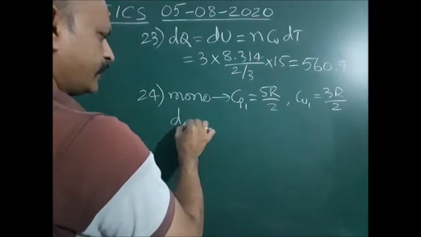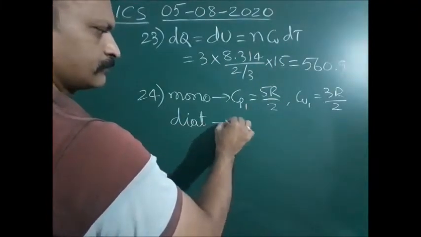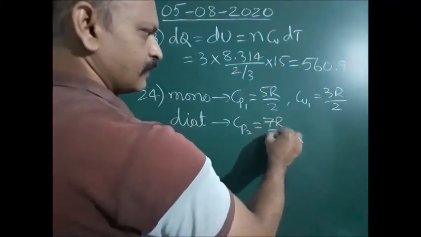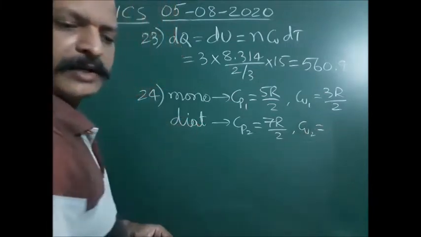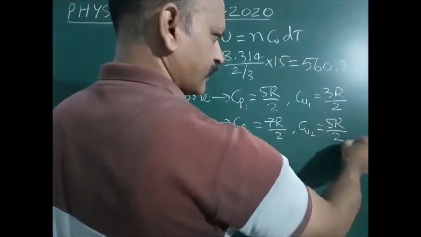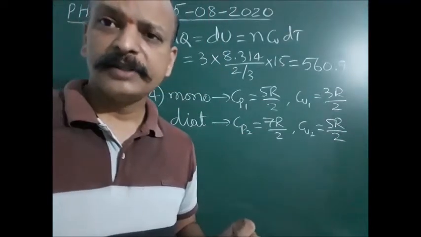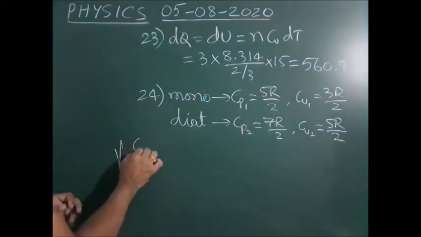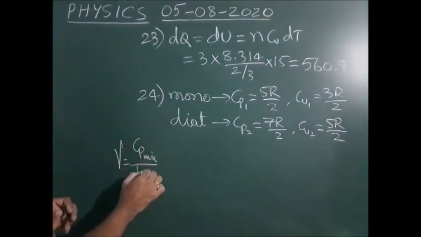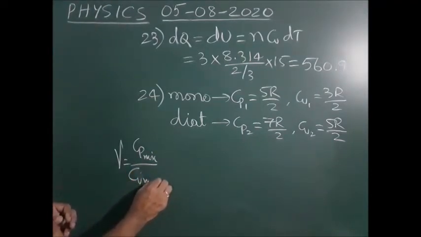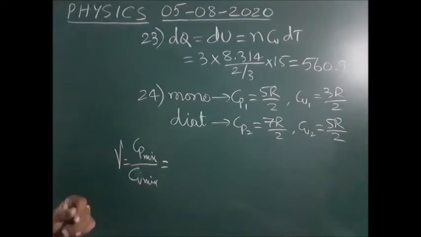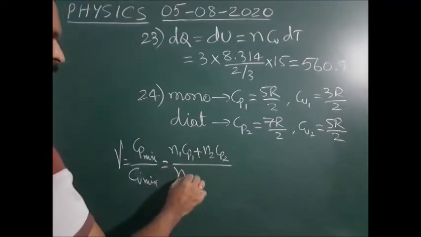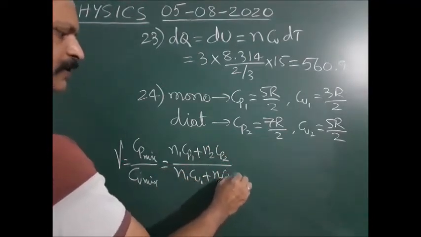Same way for diatomic gas, Cp value is 7R by 2 and Cv value will be 5R by 2. Right? Gamma of the mixture, gamma, is nothing but Cp of the mixture by Cv of the mixture. Cp of the mixture of gases is N1 Cp1 plus N2 Cp2 by N1 Cv1 plus N2 Cv2.